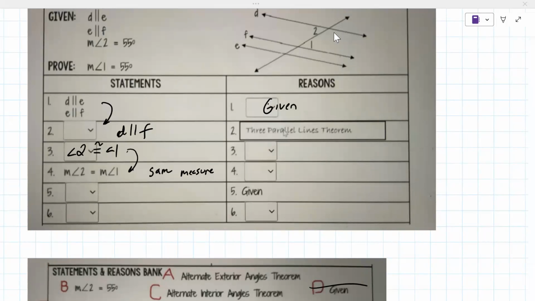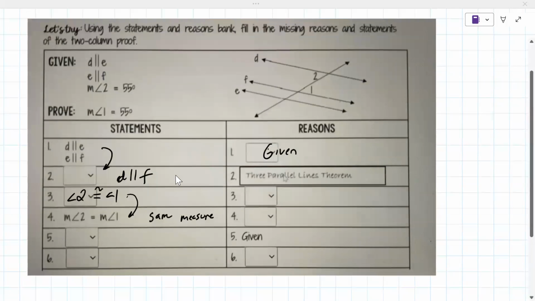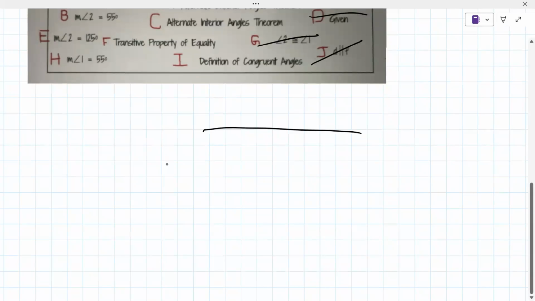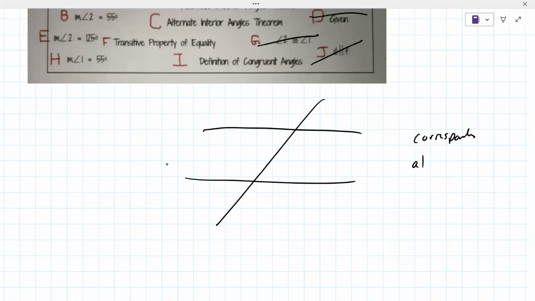Two lines cut by a transversal. There are about 4 things it could be. So they could be corresponding, alternate interior, alternate exterior, or same side interior or exterior.